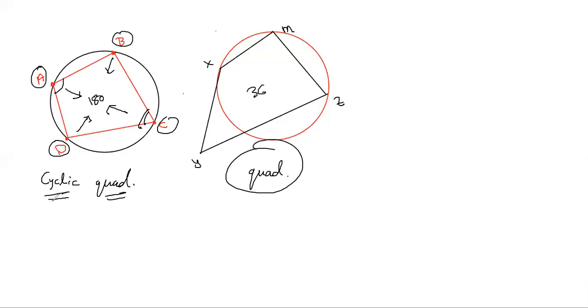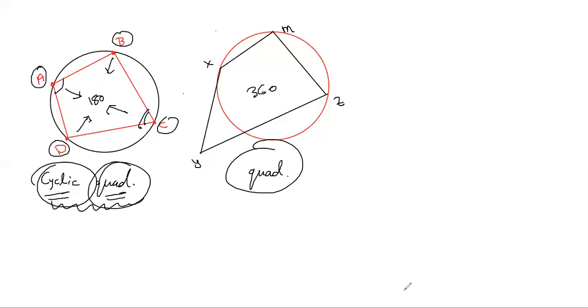The special property of cyclic quadrilaterals is that any 2 angles opposite to each other add up to 180. Both 180s mean 360. That is its property. This is called a cyclic quadrilateral. Okay?